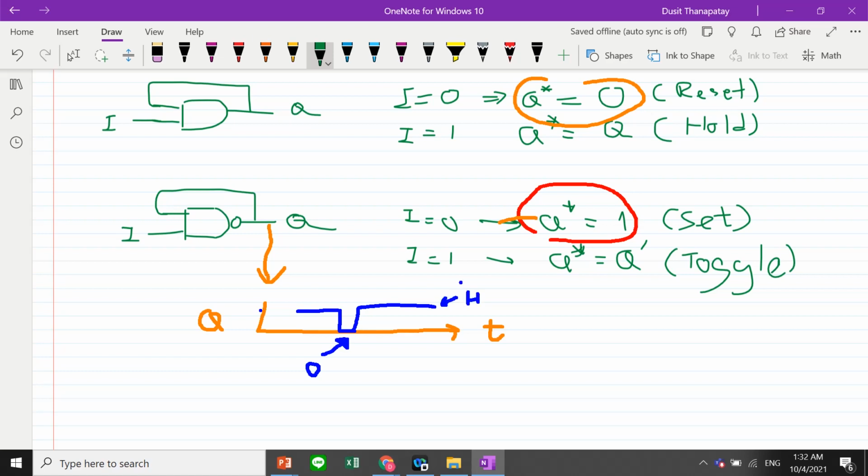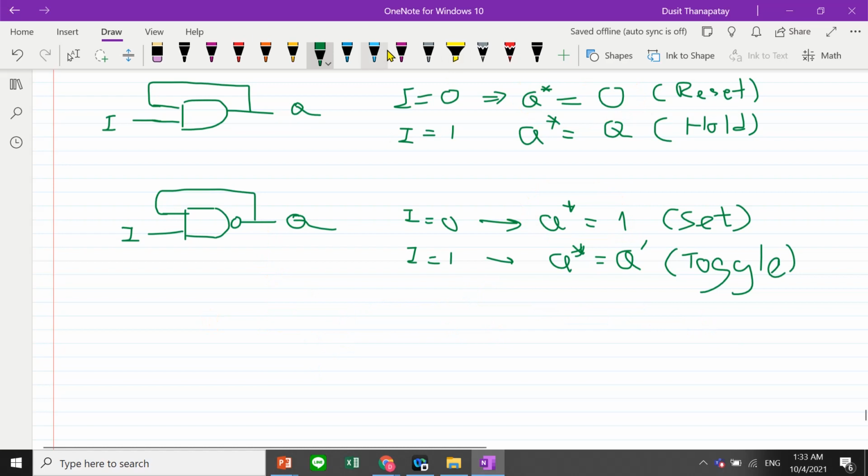High. It can be stable in only one state. In this case, it's called monostable. Monostable at high level. And the second one, in this case, also is monostable, but it's stable only at low level.